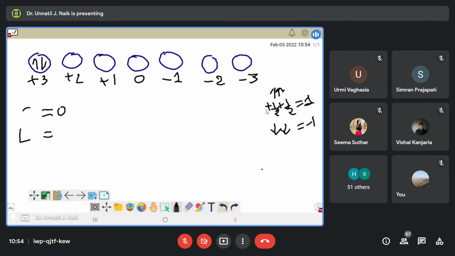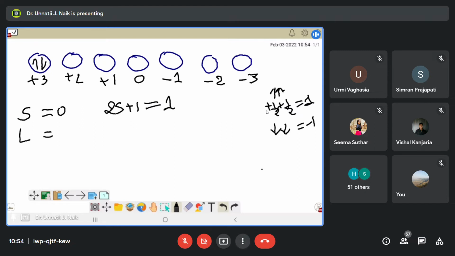Total S, I will write over here, equal to 0. Now I have another representation that is 2S plus 1. So the value of 2S plus 1 equals 1 in this case. So S equal to 0, 2S plus 1 equal to 1.